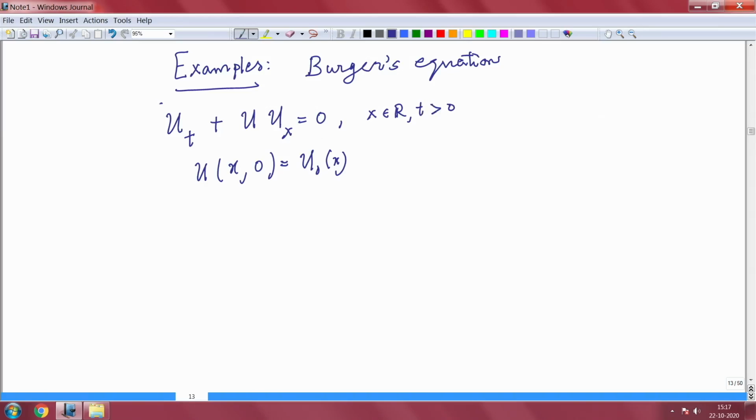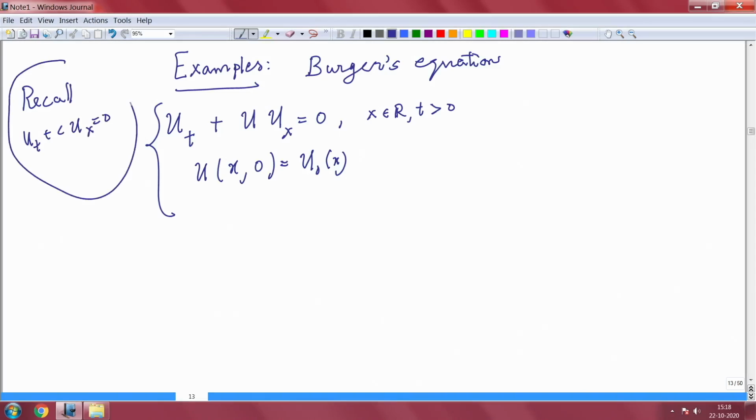Recall the equivalent linear case: u_t plus c u_x equal to 0. This is your linear case. So, you have a linear equation where the constant c is replaced by u.